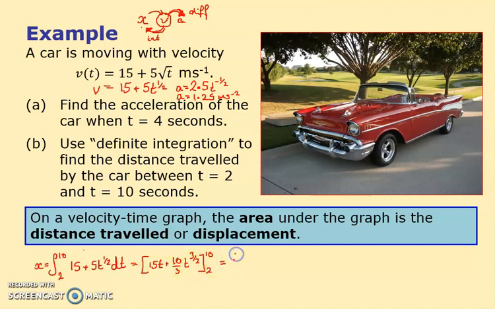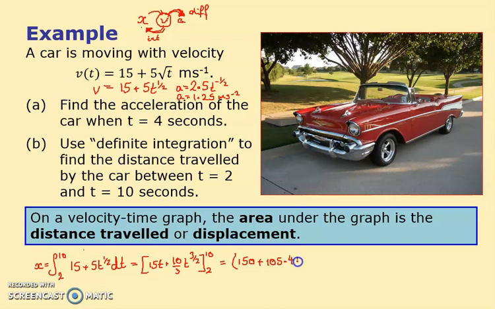If I substitute 10 in, I get 150 plus 10 thirds times 10 to the power of 3 over 2. I'm going to have to do this in my calculator. That doesn't look a very nice answer to me, and it says 105.4.